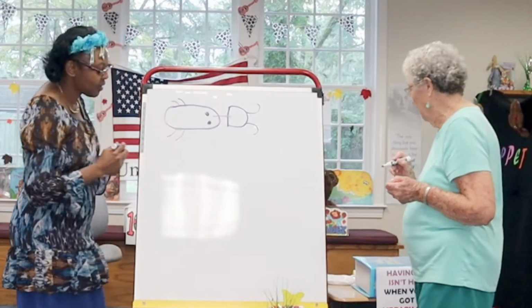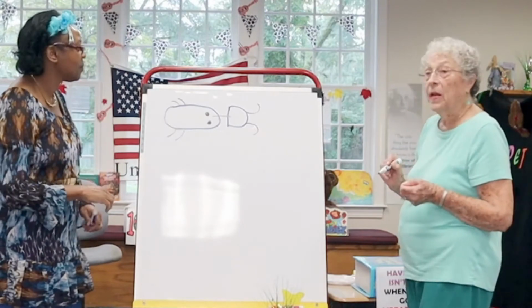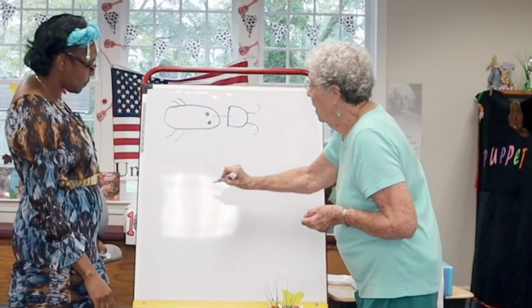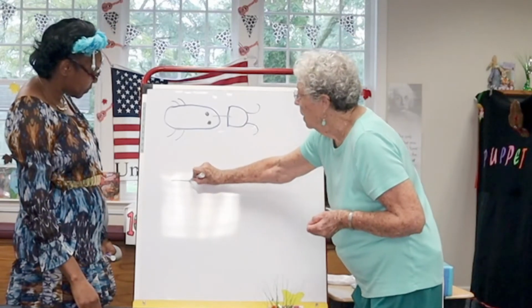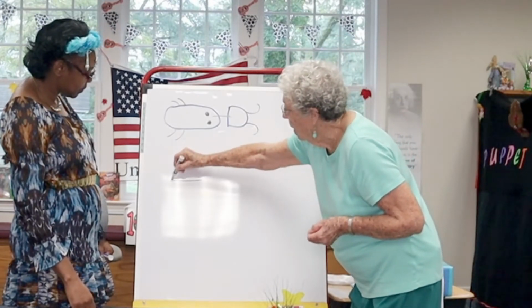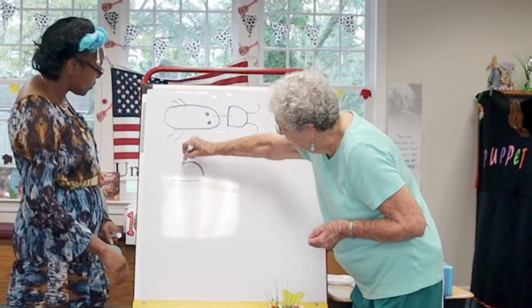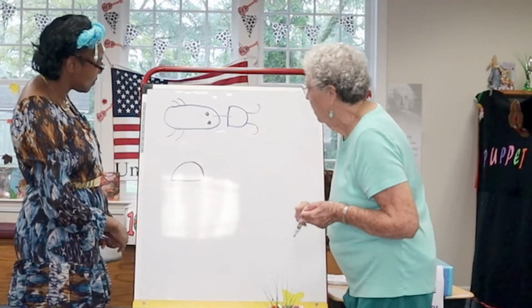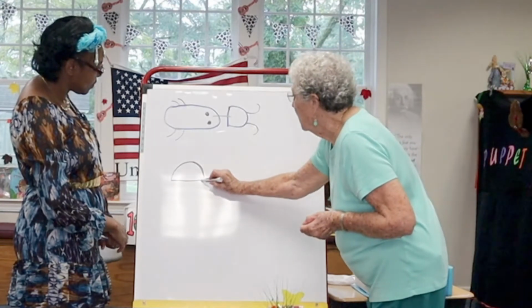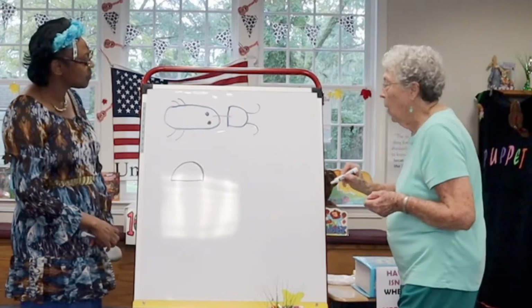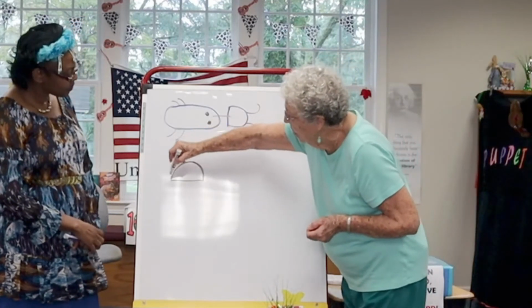Very simple. Now let's do another one. We're going to take this D and we're going to put it this way. It's going to lay down. Whoa, come on, D. There we go. And on this D, we're going to take a whole bunch of lines.